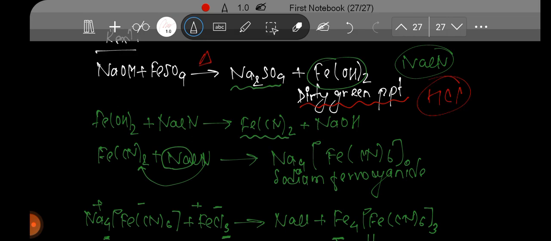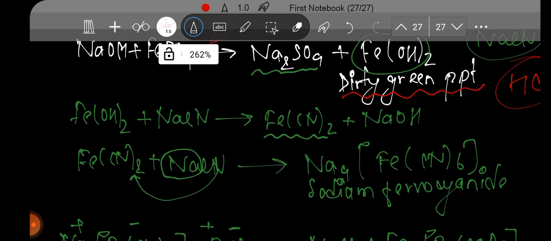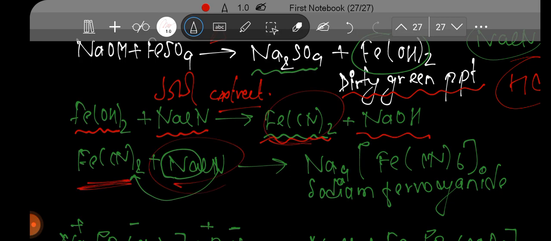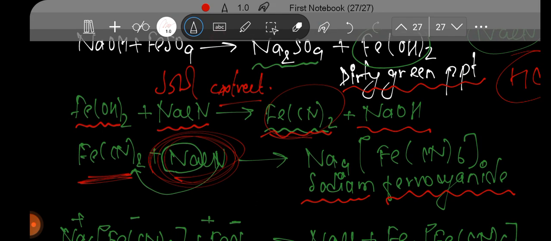This is your boiling. Then again, after adding iron hydroxide to sodium cyanide, which is the sodium extract, we get iron cyanide plus NaOH. This iron cyanide, or ferrous cyanide, again reacts with the same sodium extract to give sodium ferrocyanide, which is complex formation.